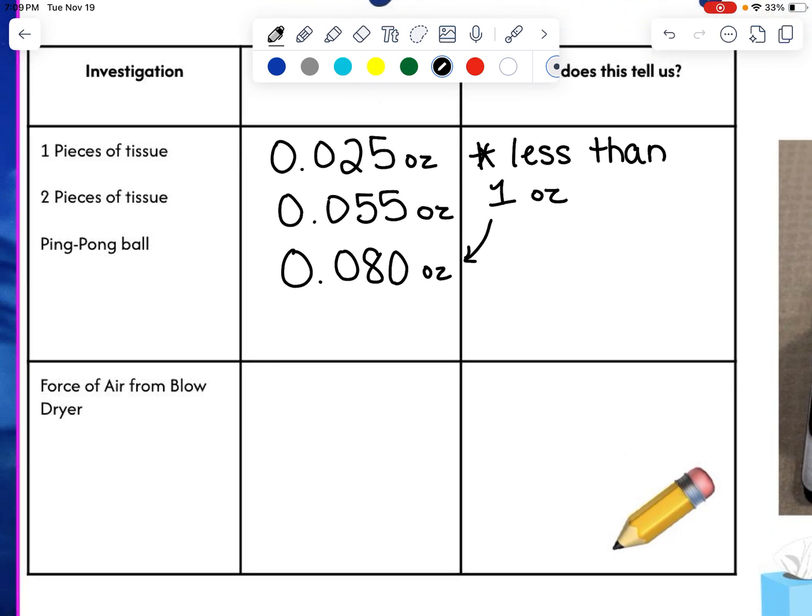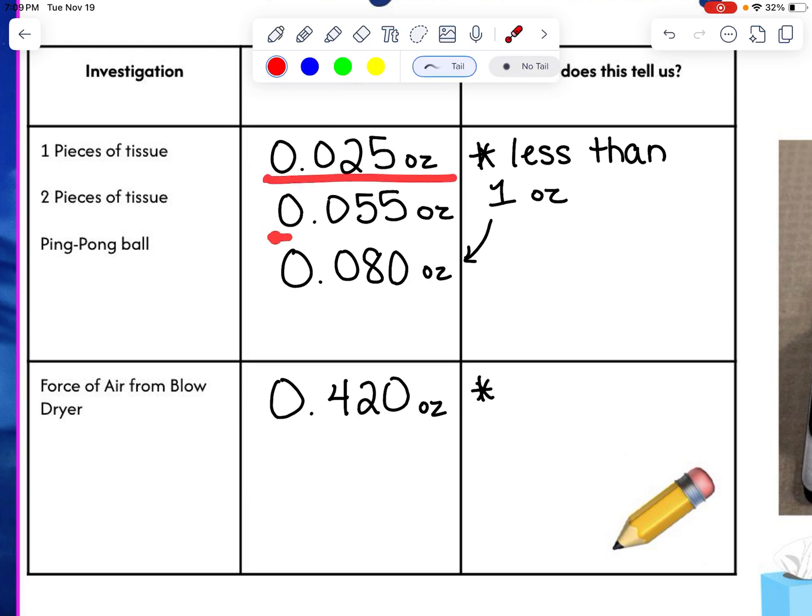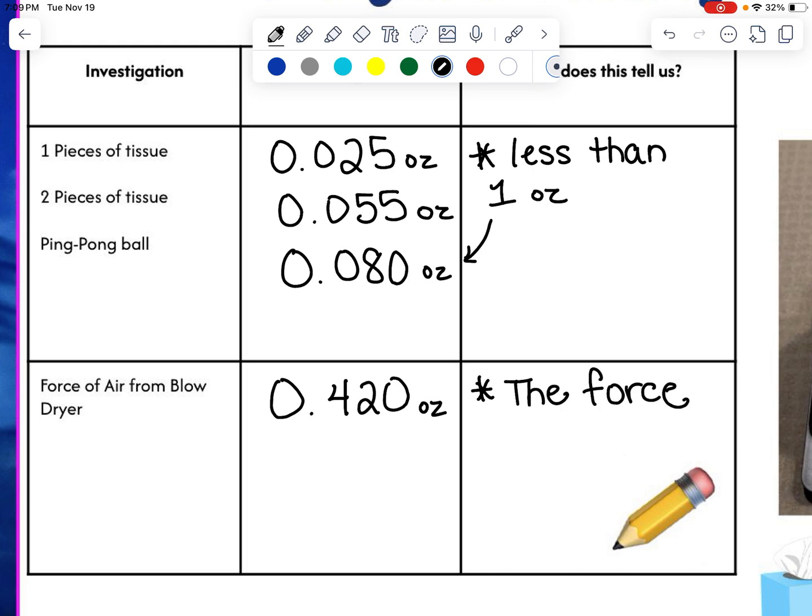However, if I turn on my air dryer, like I have a hair dryer literally, and I blow it on the scale, that is putting a pressure of 0.420 ounces on the scale. So the force of the hair dryer is actually greater than any of these objects. It's greater than one piece of tissue and two pieces of tissue, and even greater than a ping pong ball. I'll be showing you in person tomorrow, but we can use the force of the hair dryer to keep those things aloft.